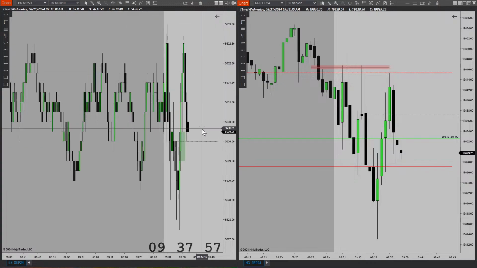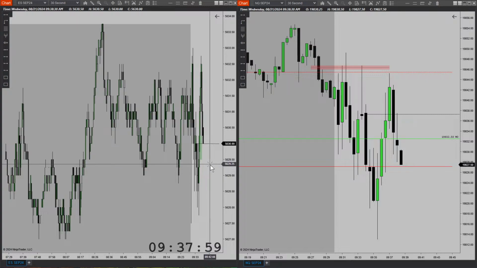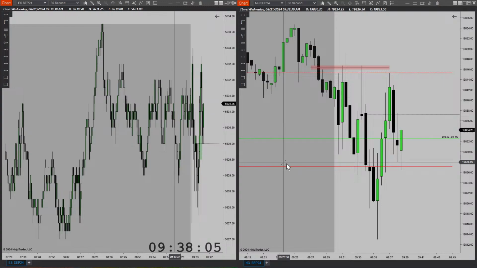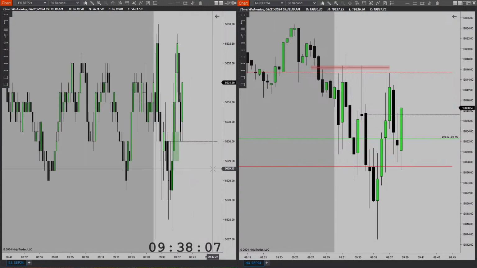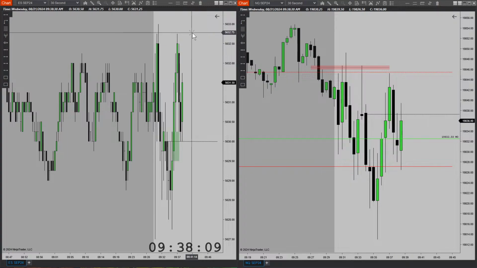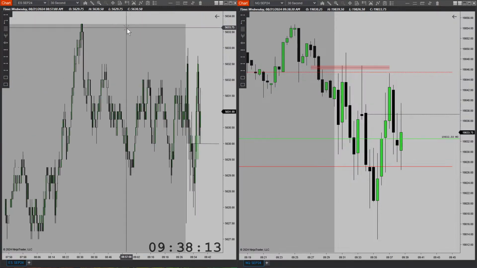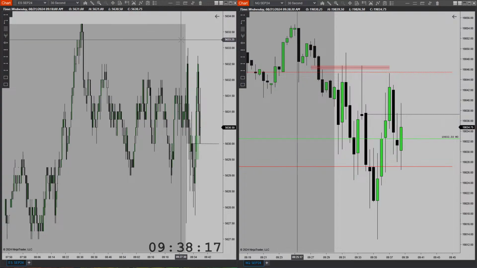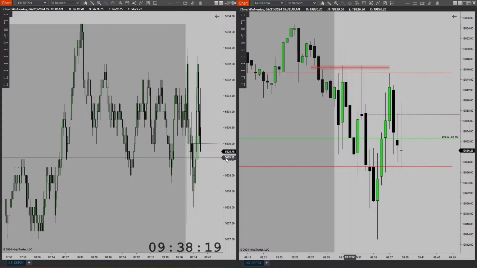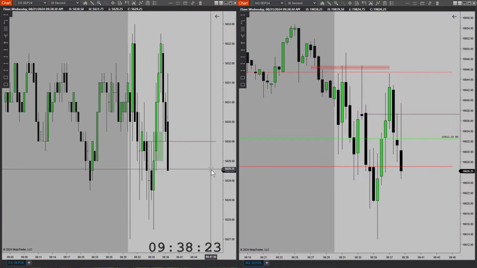Targets here. And I will get out if I get stopped out. Again, target is up here. Actually, this would be the target because these are all equal highs. Let's just wait, watch, and see what price does.